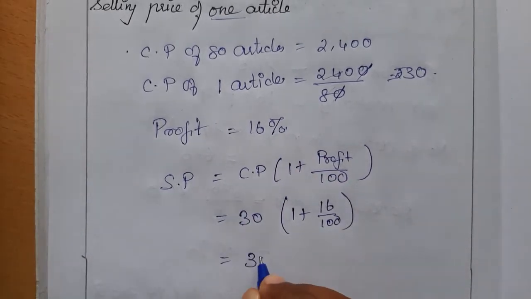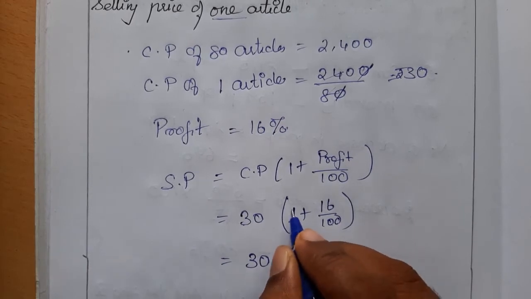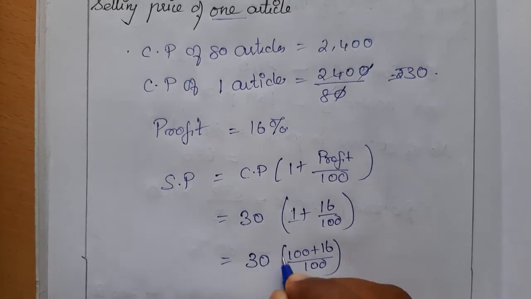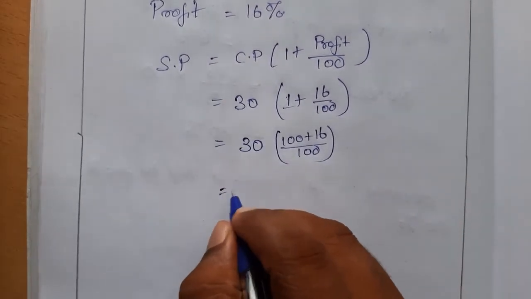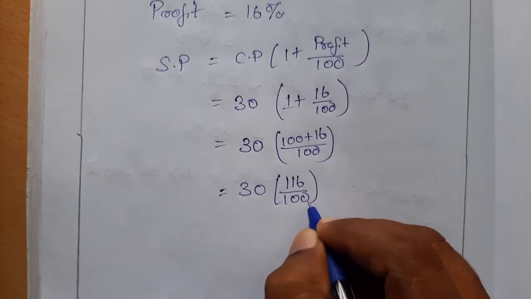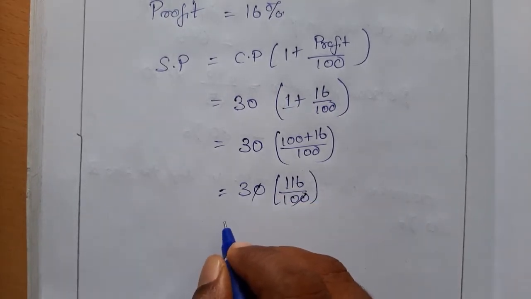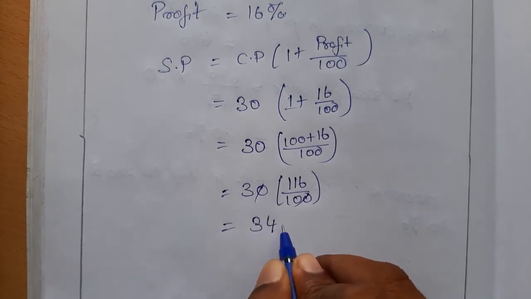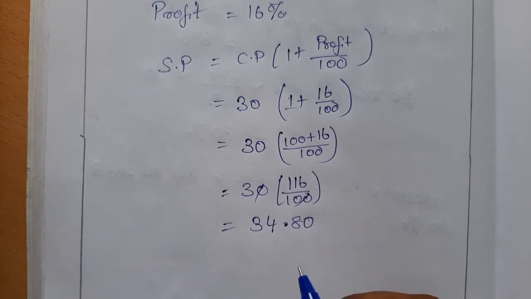So we will be getting 30, and 100, if you take an LCM, it will become 100. So 100 plus 16 by 100 will become 116. So 30 into 116 by 100. If we simplify, we will be getting 34.80 paise.